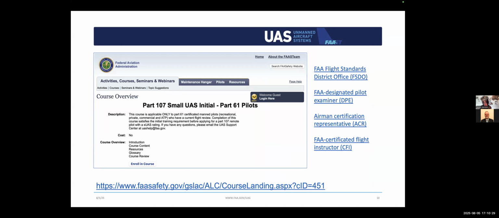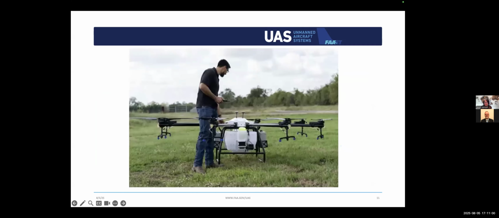You'll complete an IACRA, and that's the Integrated Airman Certification and Rating Application, a web-based certification and rating application that guides you through the airman application process. You can either visit your local FSDO, have someone like Craig sign it off, or meet with an FAA designated pilot examiner, or an airman certification representative, or an FAA certificated flight instructor. Any one of those people can help you process that IACRA application.